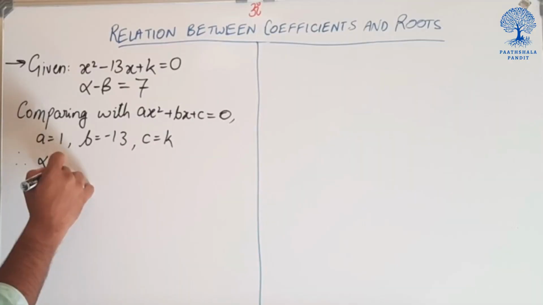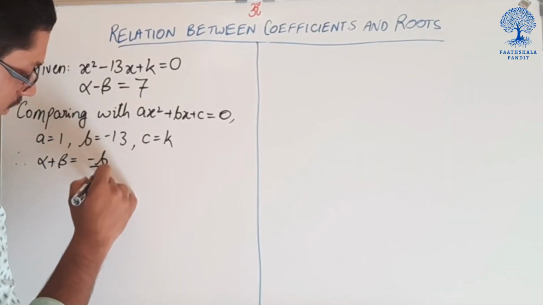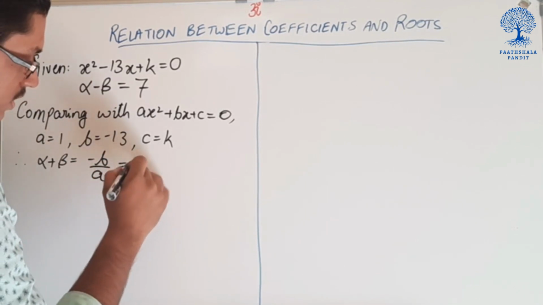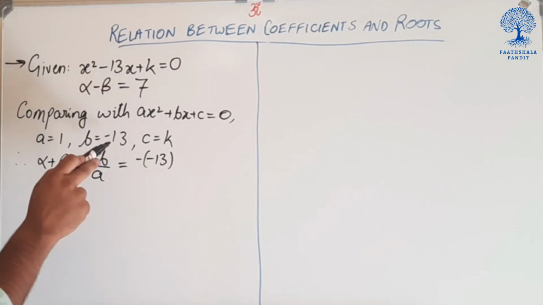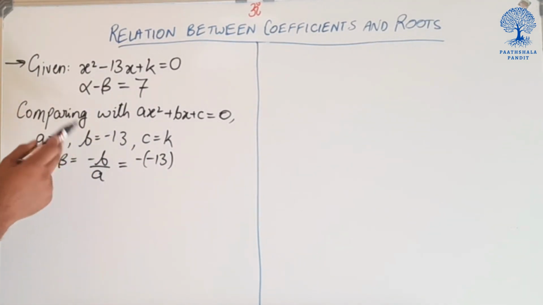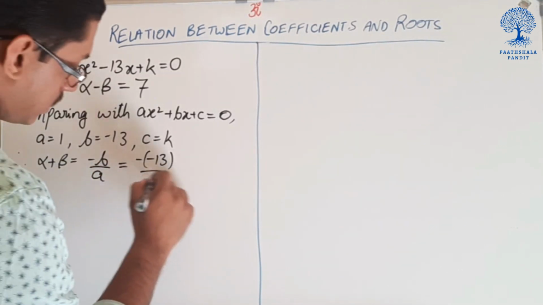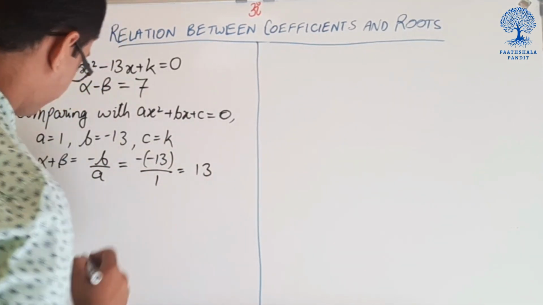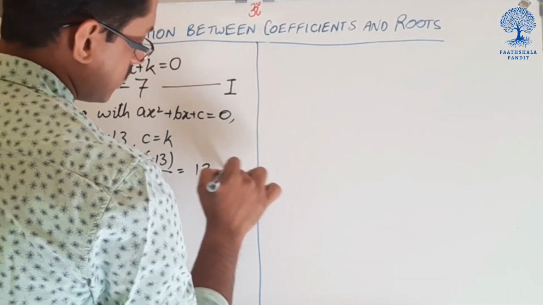Now alpha plus beta is equal to minus b by a, correct, which is equal to minus of minus 13. Do not confuse, don't just write minus 13 by 1. Minus of minus 13, divided by 1, is 13. Now this is equation 1, and this is equation 2.